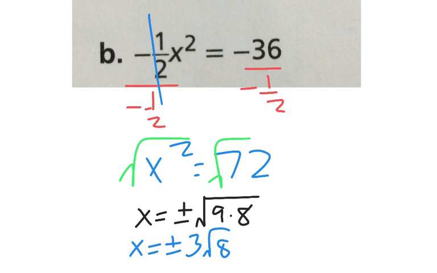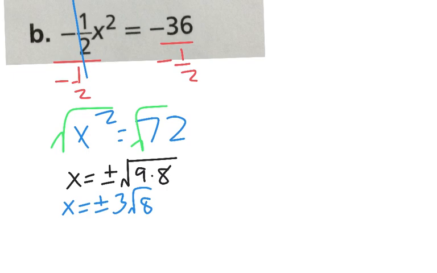3 times 6 is plus minus 6. That'd be 12, wouldn't it? Good job. Plus or minus square root. 8 breaks down into 2 times 4. So we can keep simplifying this way, that's fine. So 8 will break down as 4 times 2.